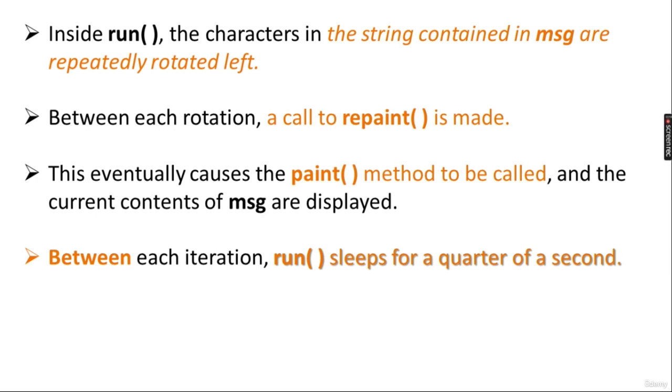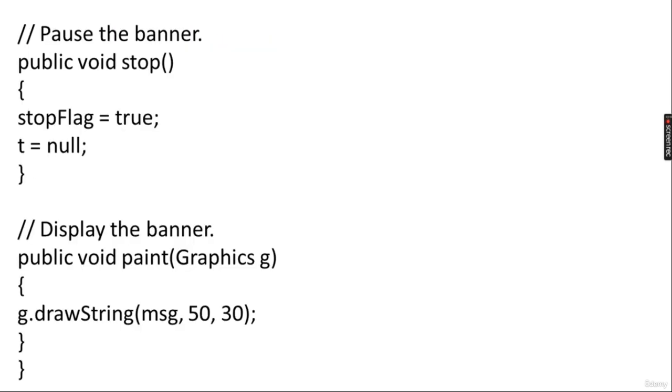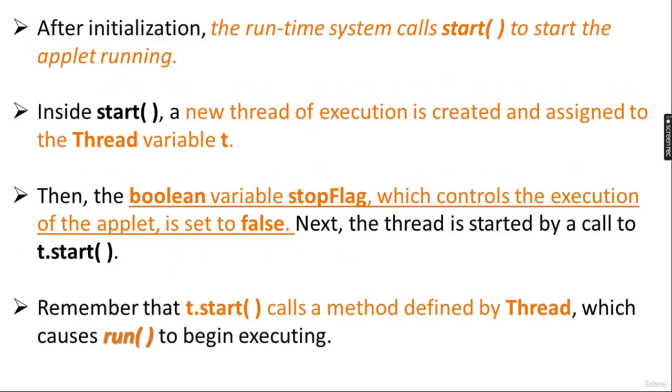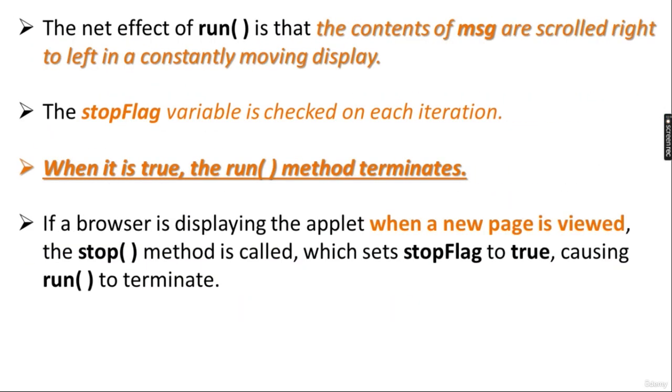Between each iteration, run sleeps for a quarter of a second. Sorry, 250 milliseconds, that is a quarter of a second. The net effect of run is that the contents of the message move right to left in a constantly moving display, and that's why we have created a second thread.